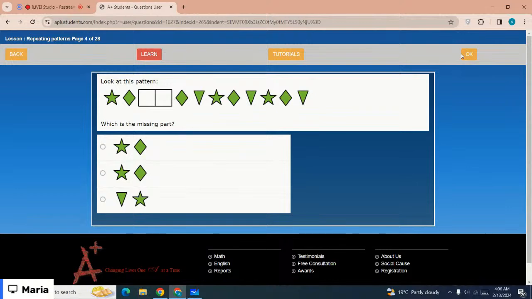The pattern starts with star, then the rectangle shape, and then you have the triangle, right? So here you have triangle, this diamond shape, and there you must have a triangle, and then you have a star. The last one is the correct option, isn't it?